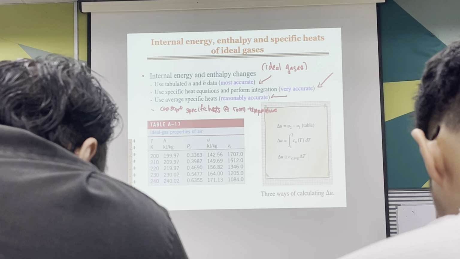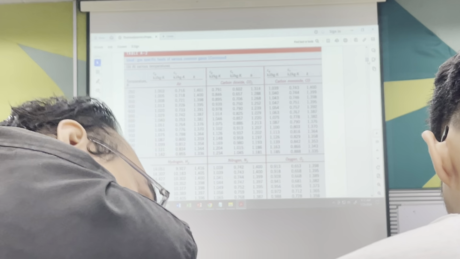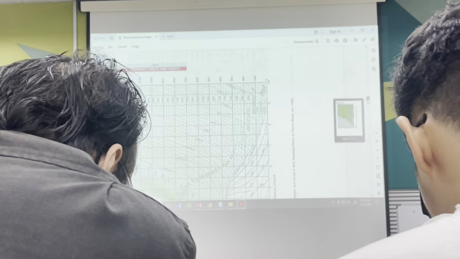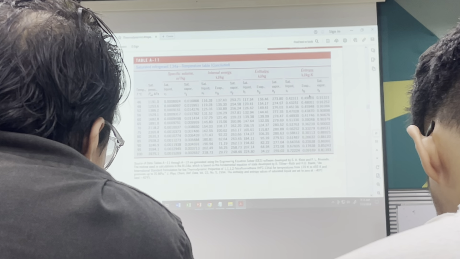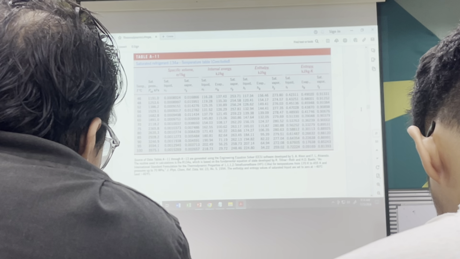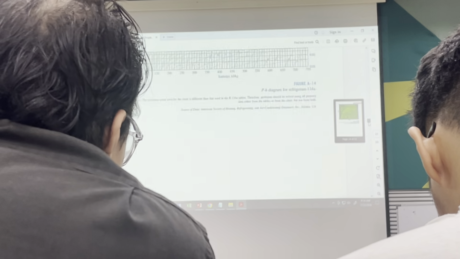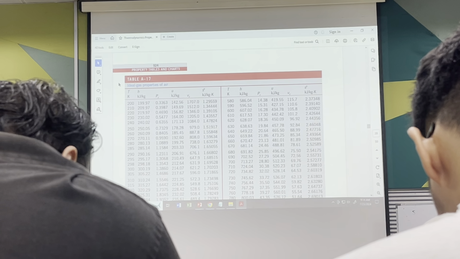This method is the most accurate one because it is the method where we get the value from the table directly. So in your table, if you go to table A17, yeah, here.